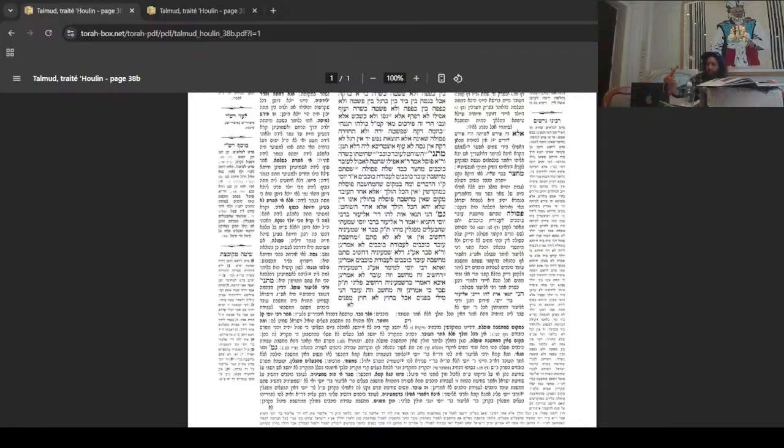So sometimes the bet can be a vet. If there's no dot, you have to know. So sometimes it's a v sound. So it's zivchei meisim, and it's the sacrifices of the dead. Excellent read. Good.